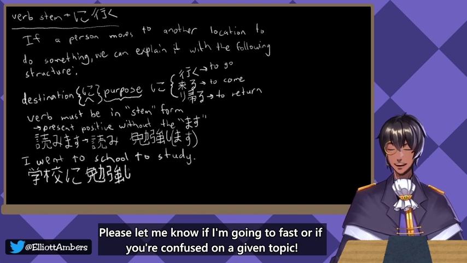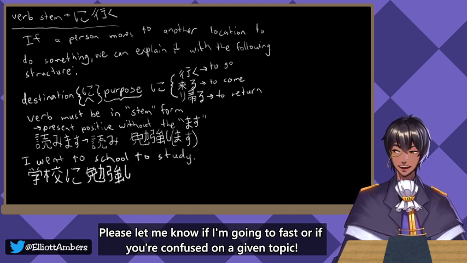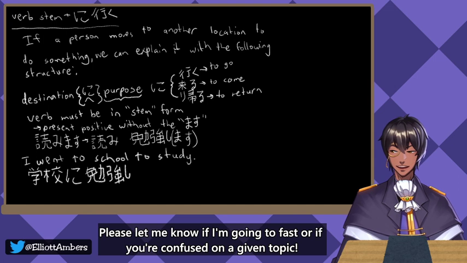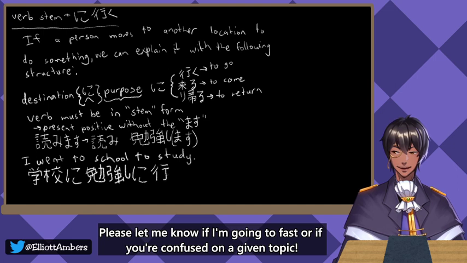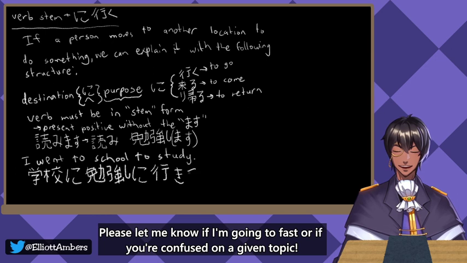And note that I'm not writing out benkyou shimasu because we're just writing out that stem form. We're dropping the masu. That happens for this purpose here. Gakkou ni benkyou shi ni i.